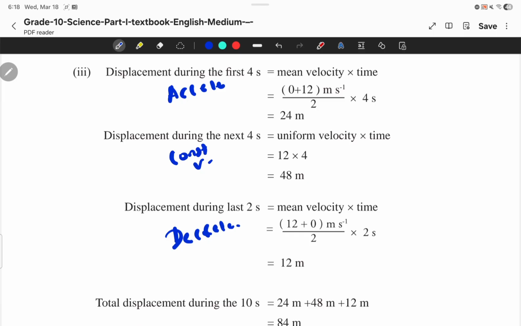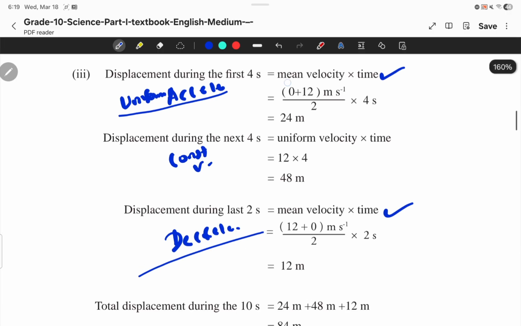So in each case you have to find the displacement separately. As it is a uniform acceleration, uniform accelerations or uniform decelerations are both the same, right? The only difference is that in one case the velocity is increasing and in the other it is decreasing. So you can use this same equation for the uniform acceleration and the uniform deceleration case.